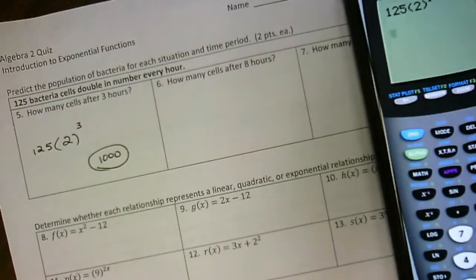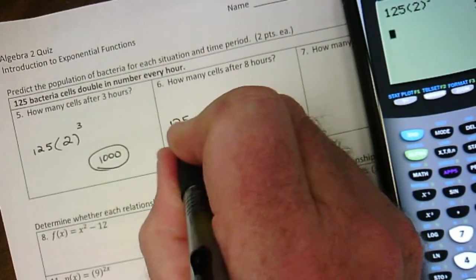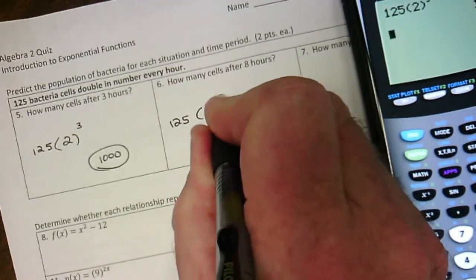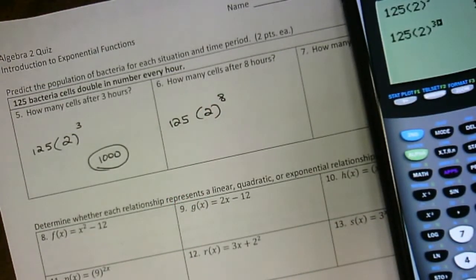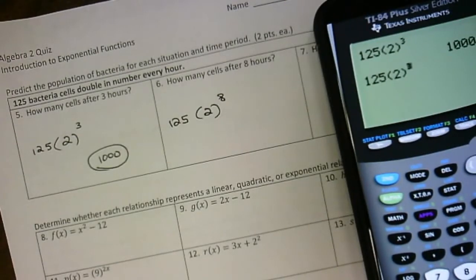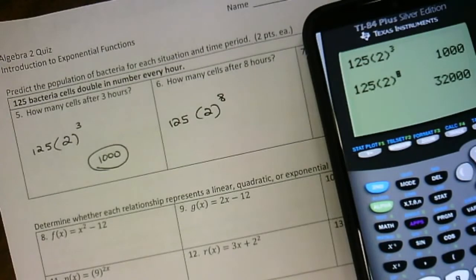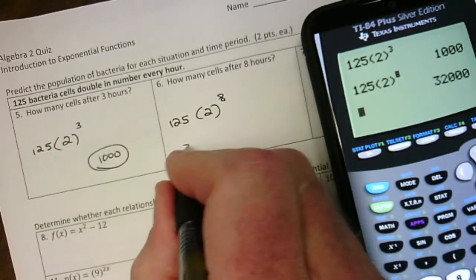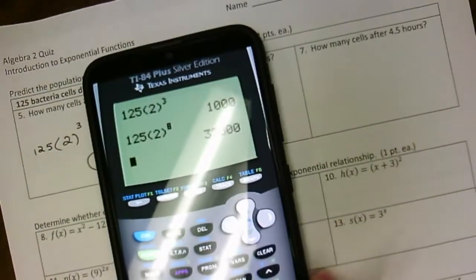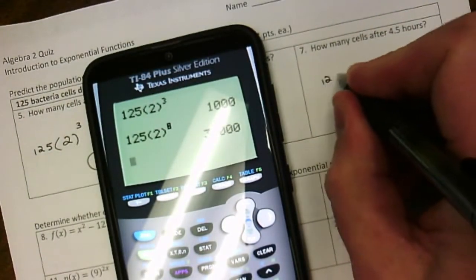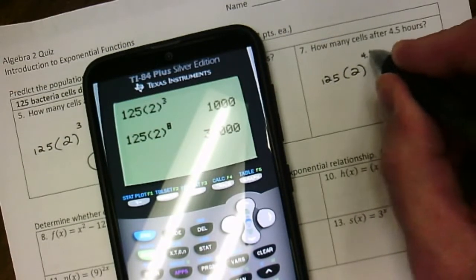Moving on. Same question, but after 8 hours. Starting amount, multiplier, number of times you're going to use the multiplier, and let's see what that ends up being. 32,000. And then this last one, starting amount, multiplier, number of times we're going to use the multiplier.